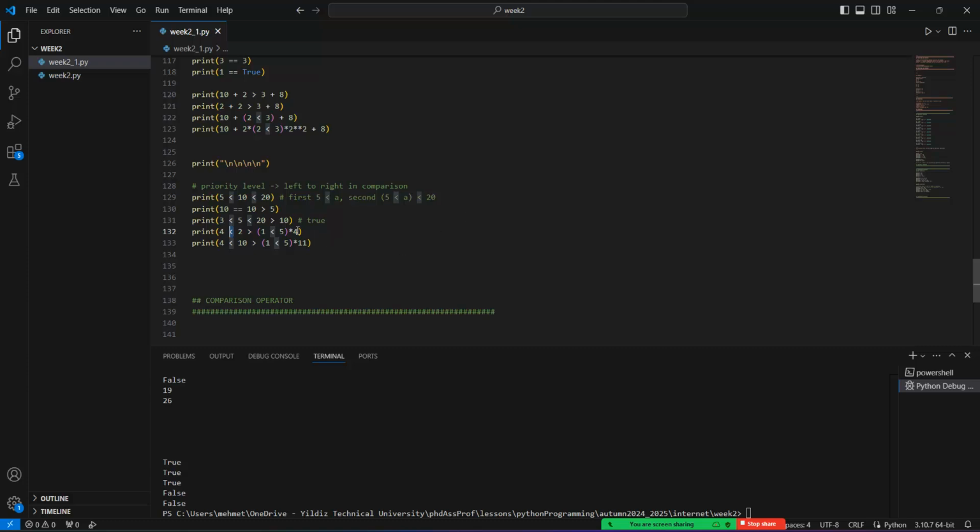Because in the first place this code is run, and after that we always have the comparison operator, and so we will get the true or false value in this case.